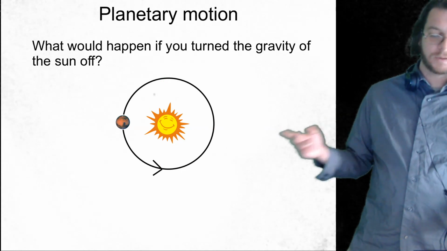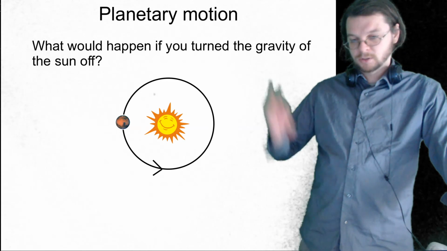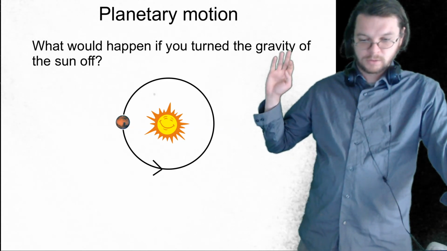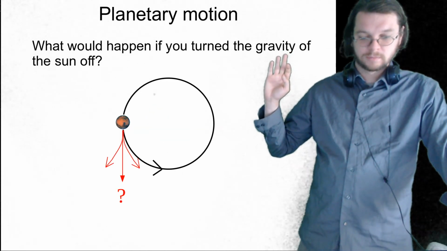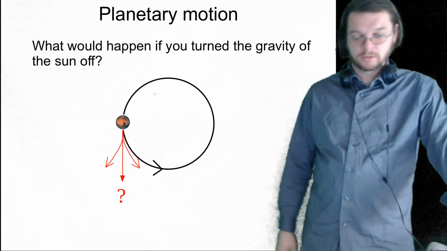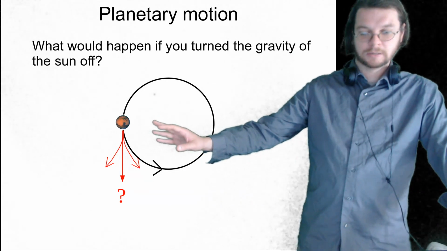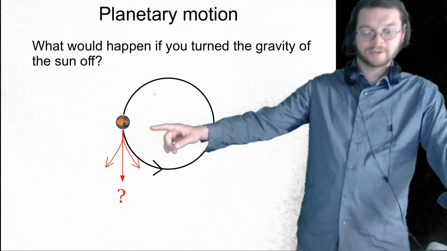Related question: if all of a sudden the sun decided it was going to quit and stop exerting gravity on the planets, in other words, let's say it disappeared, what direction would, say, the planet Mars go? I didn't want to put planet Earth because that's a little too close to home, I get it. But what happened to the planet Mars?